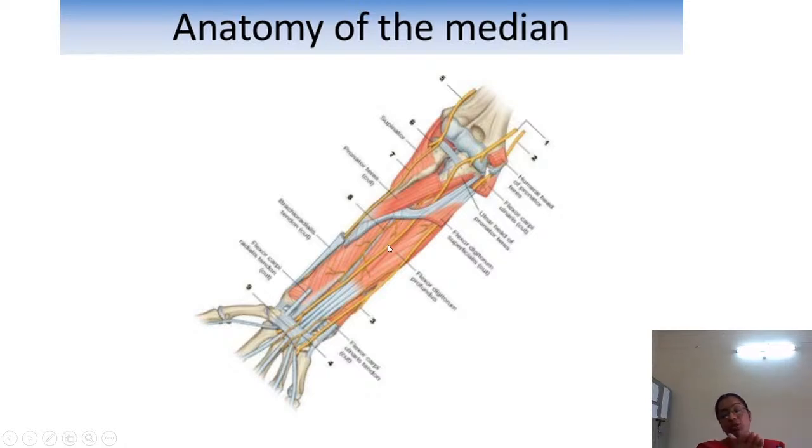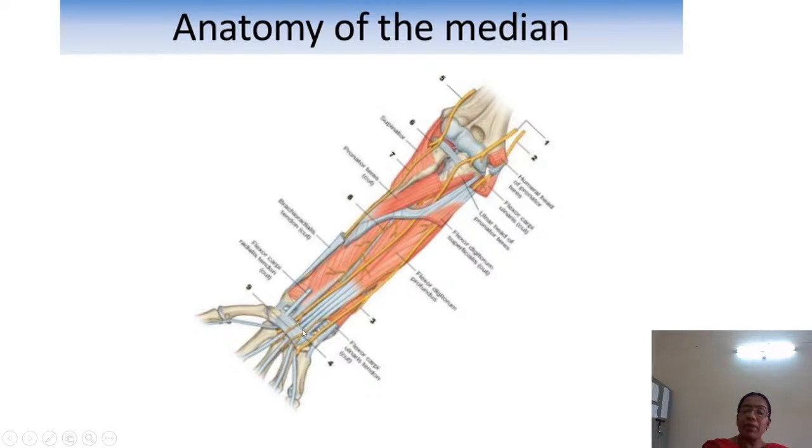So the median nerve is sandwiched superficially by flexor digitorum superficialis and below by the profundus.